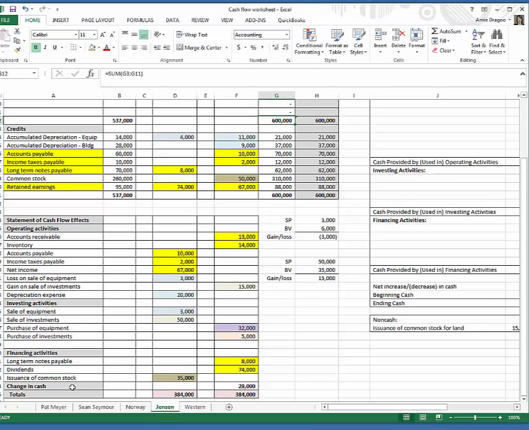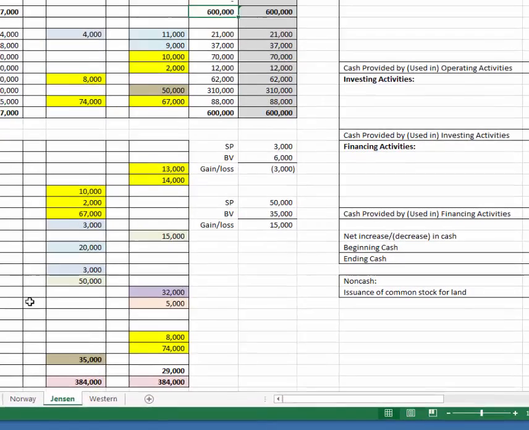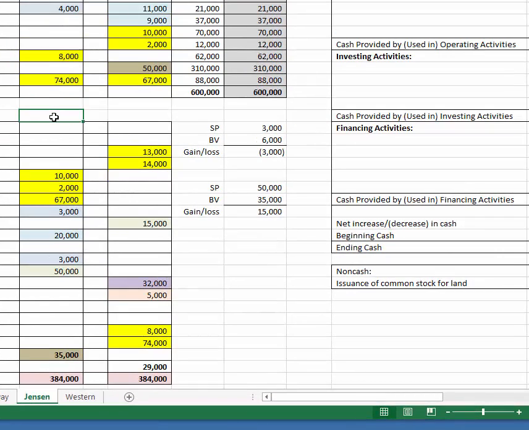And lastly, in your financing section, you should have any kind of notes or bonds, things like that would be here, dividends, and your equity transactions. All of these items here will be added to your cash flow statement. All of these items will be subtracted from your cash flow statement.